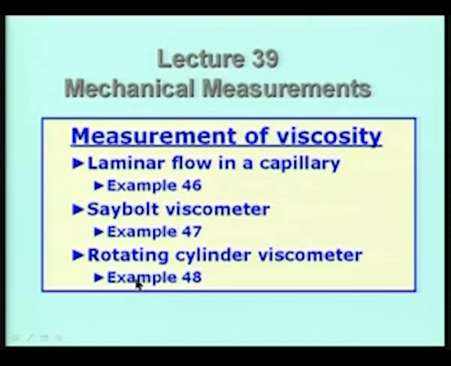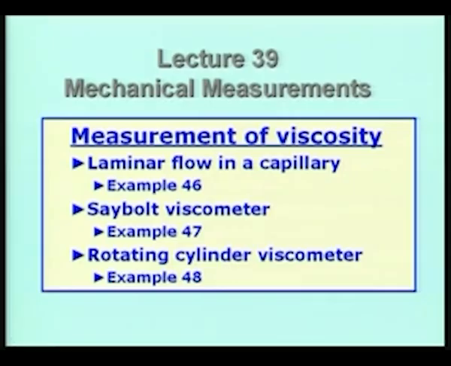The first one will be the use of laminar flow in a capillary tube, which can be used for both liquids as well as gases. The second one is a Saybolt viscometer, which is useful only for liquids, and a rotating cylinder viscometer, which again is used for liquids.